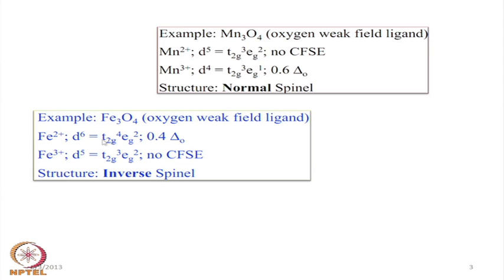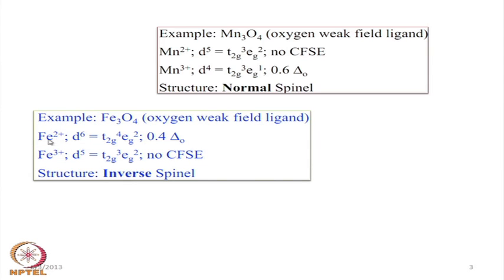So, Fe2+ gives a stabilization of 0.4 delta O, and for Fe3+ we have no CFSE, and this results in the inverse spinel structure.